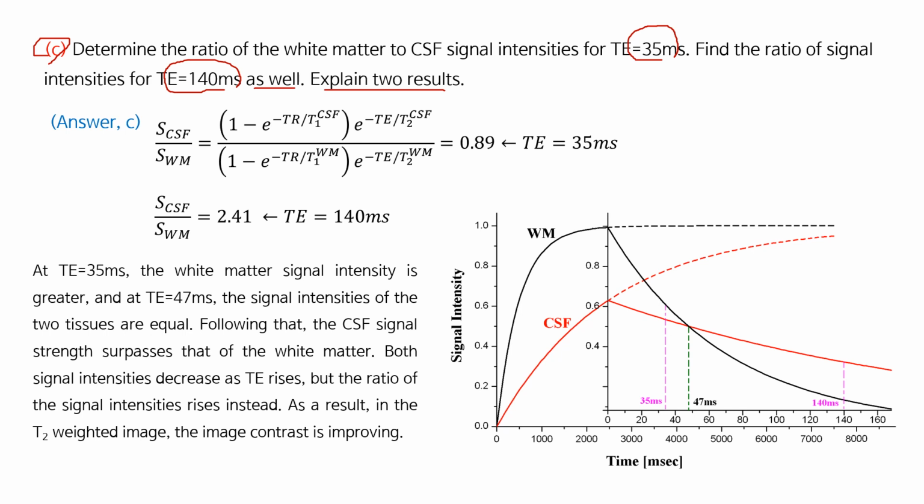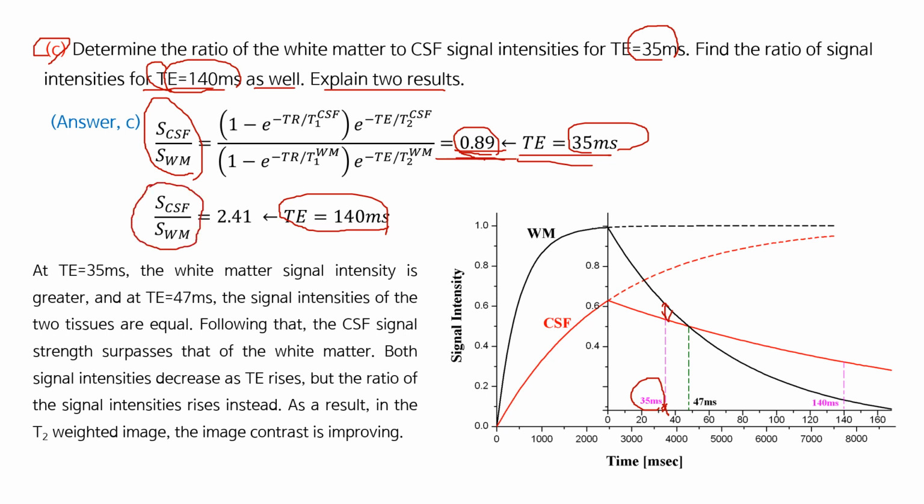At T equal 35 milliseconds, the signal intensity ratio is 0.89. For T equal 140 milliseconds, the signal intensity ratio is 2.41.